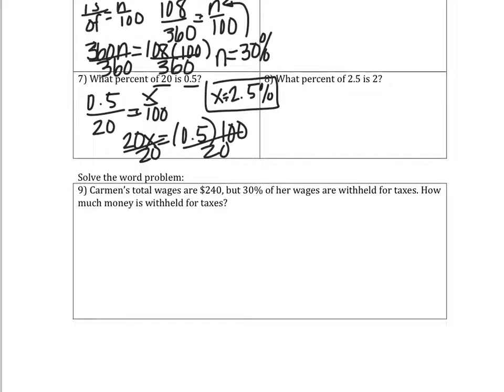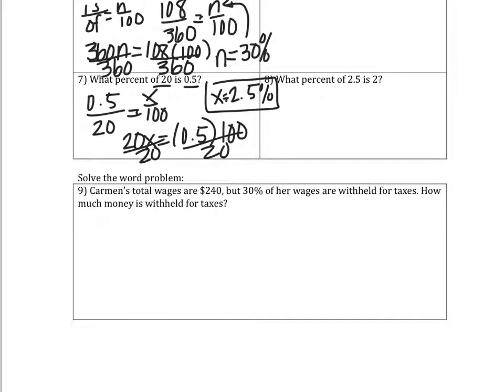Let's take a look at the last word problem. Number 9, solve the word problem. Carmen's total wages are $240, but 30% of her wages were withheld for taxes. How much money is withheld for taxes? So we will set up 30% times the 240, and this is how much is going to be withheld for taxes.